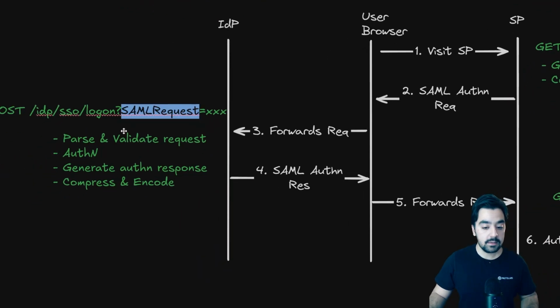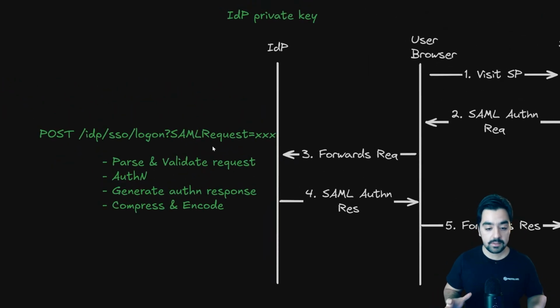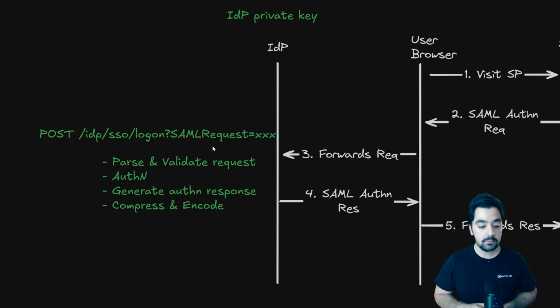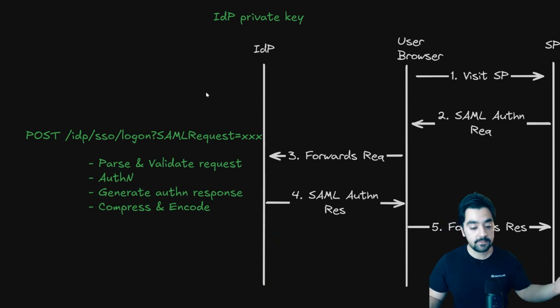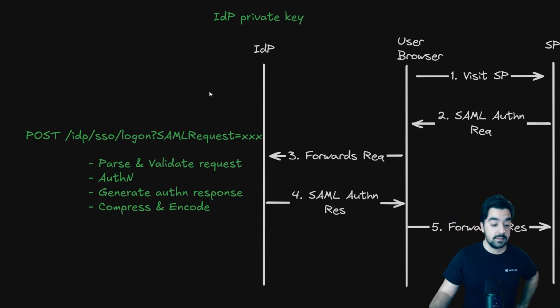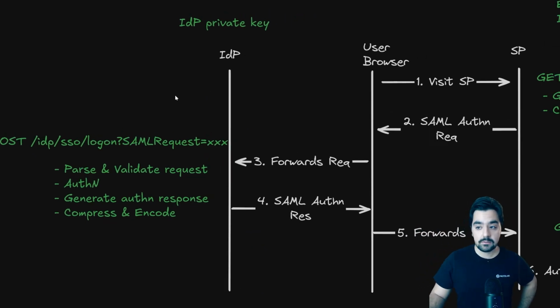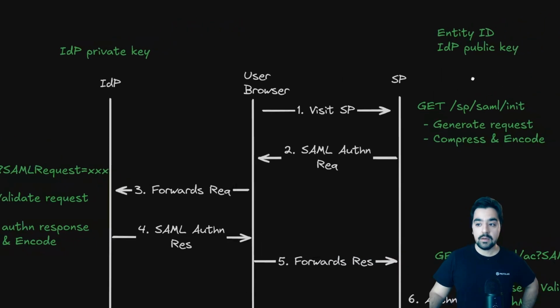Then the identity provider is going to parse this request and validate it, in terms of whether the request is fresh based on the instant time, and whether it is indeed coming from a registered entity ID.